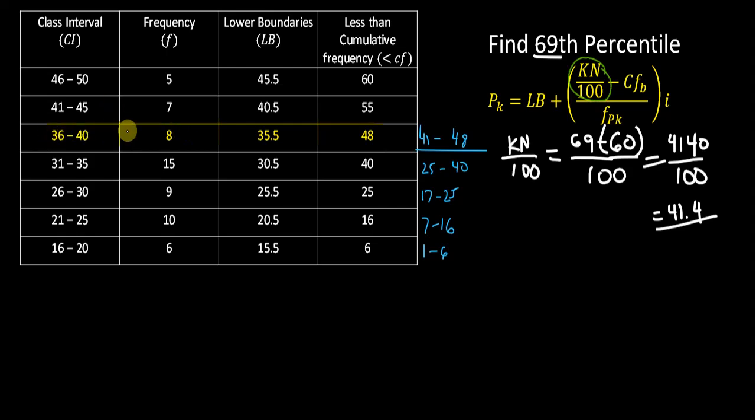Okay, so yung formula natin, so yung K, that is equal to 69. Yung CFB, yung cumulative frequency before class, itong 48, kunin natin yung nasa baba niya. That is 40. Then, lower boundary, ito, 35.5.